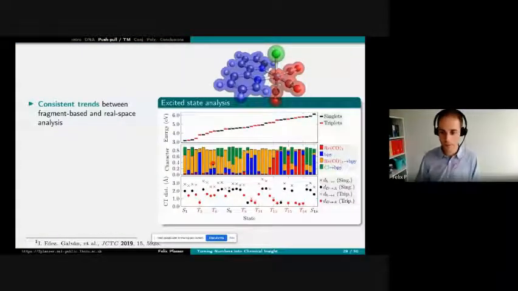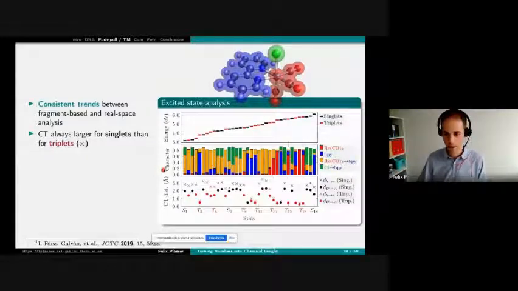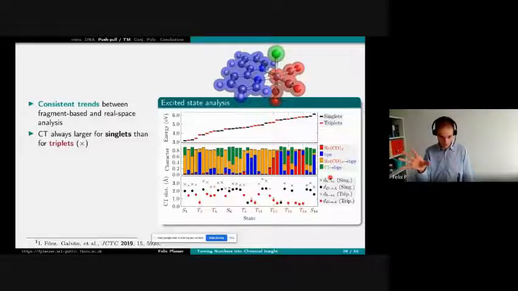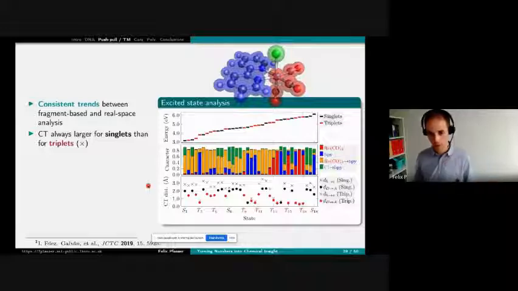Maybe just to show you, look at the crosses first. The crosses are the quantities that depend on the transition density matrix. For example, you see the black crosses are always a bit above the red crosses, because triplet states have a larger charge transfer character than singlets, since they want to avoid exchange repulsion.